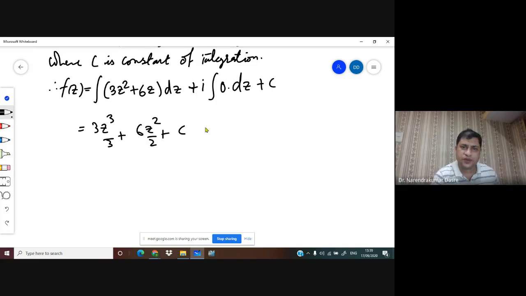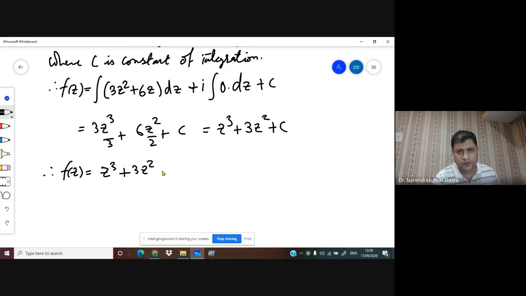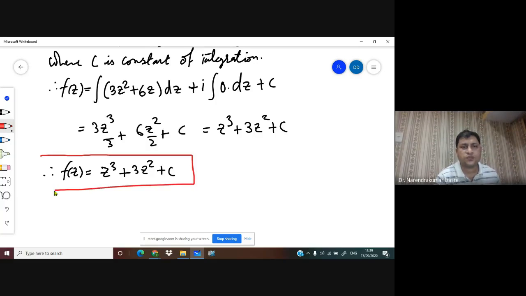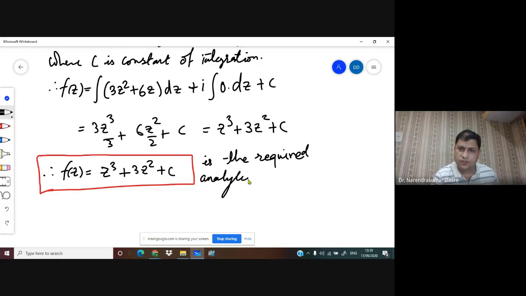So we can write this as z cube plus 3z square plus c. So we got f of z is equal to z cube plus 3z square plus c. This is the required analytic function.